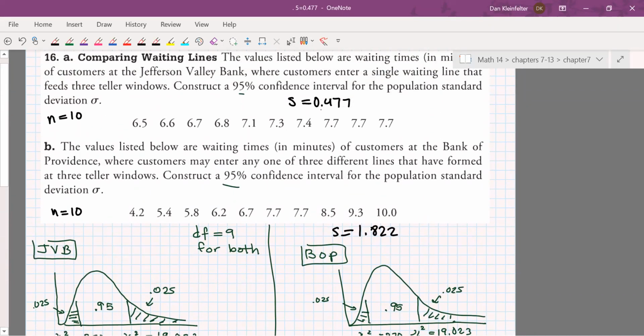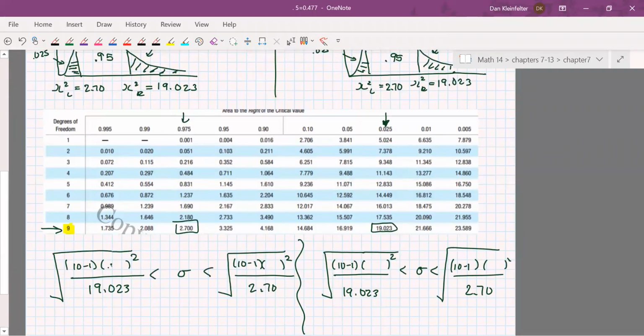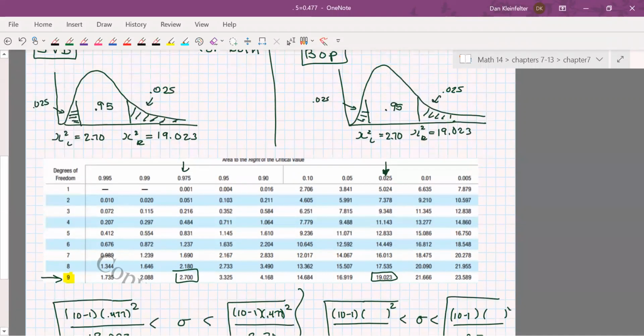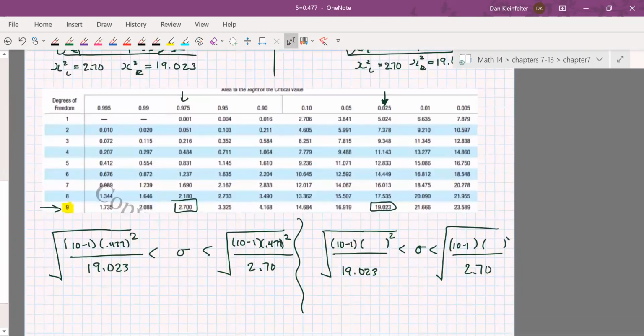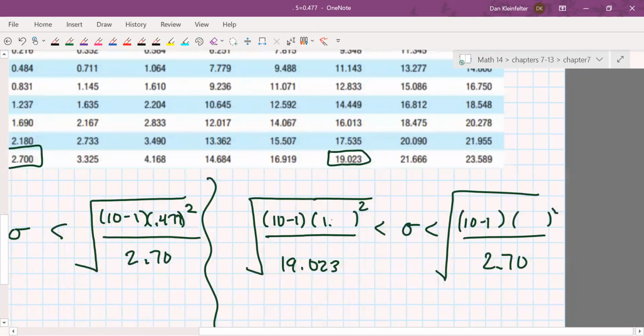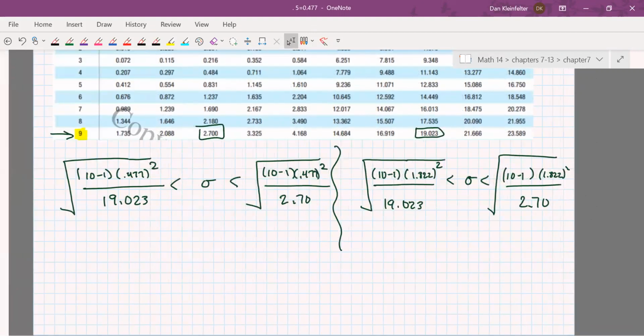Their S was 0.477. We'll have to square that. For Bank of Providence, we saw that it was 1.822.